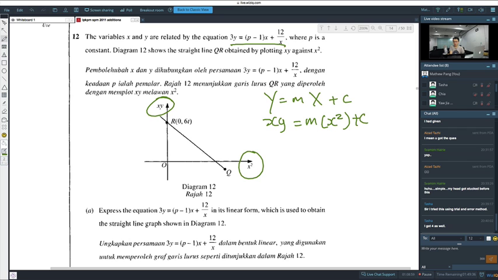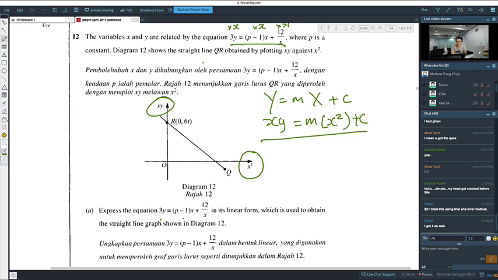So in order to make it into linear form, this is not yet xy, so I multiply x for every single term, here, here, and here.